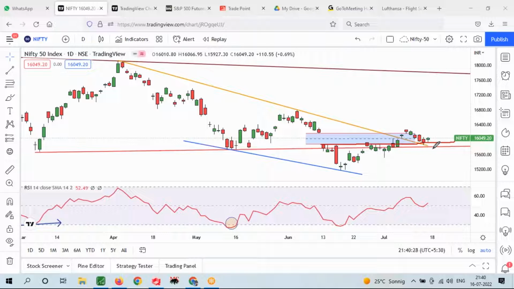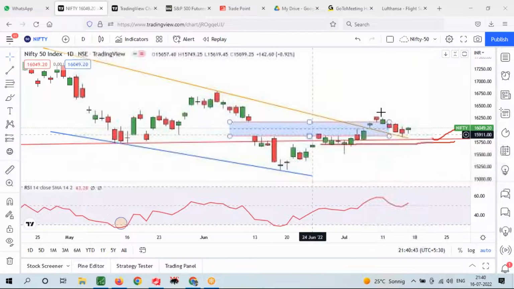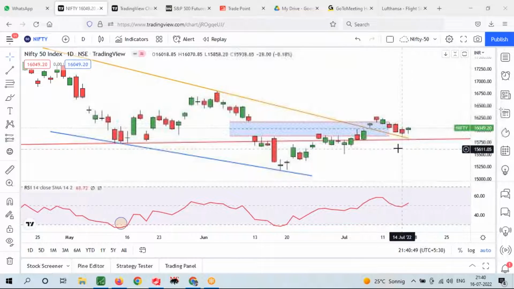Look at the Friday candle. It did not break Thursday's low. What is the high? I think we did not cross the high, I believe 16,070. So we didn't cross the Thursday high, but we were close, just 3 or 4 points away.